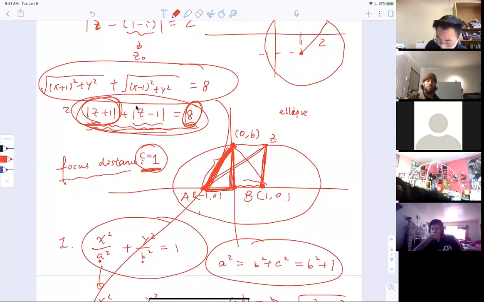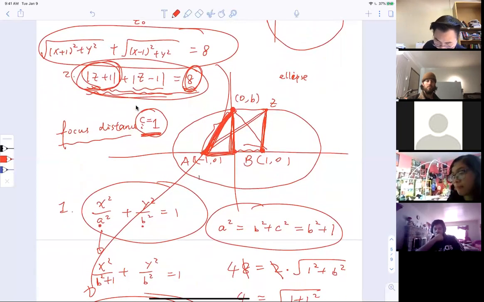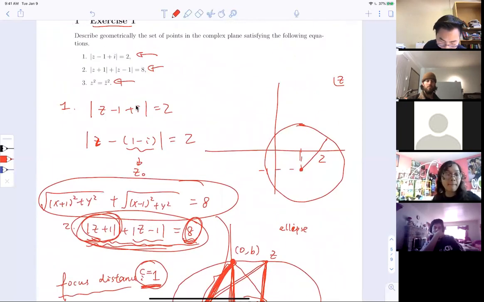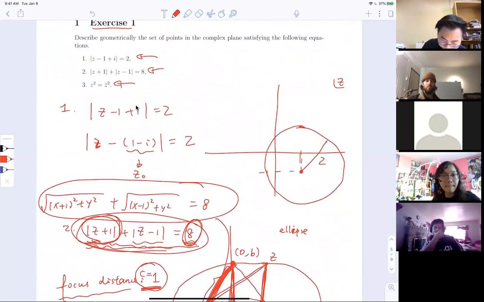So if instead of z plus 1 and z minus 1 in the original problem there was z plus 2, then it just wouldn't be an ellipse anymore.